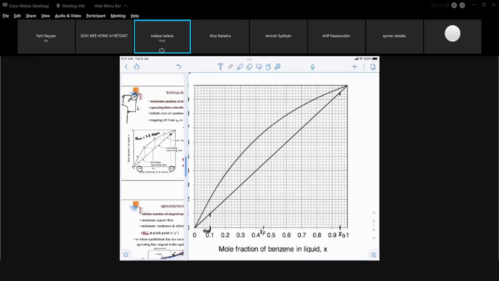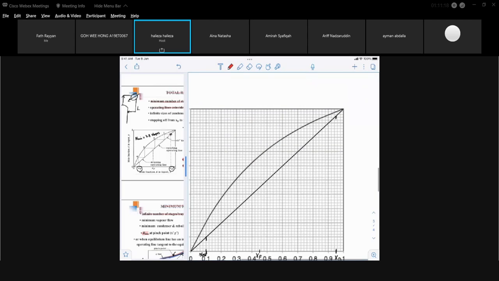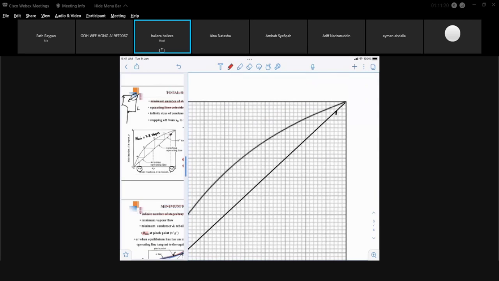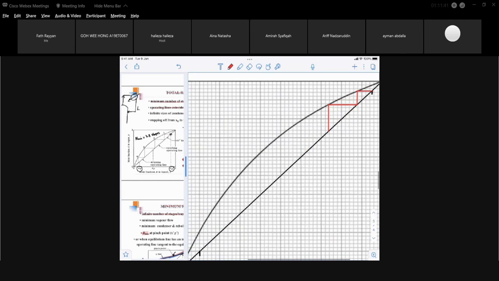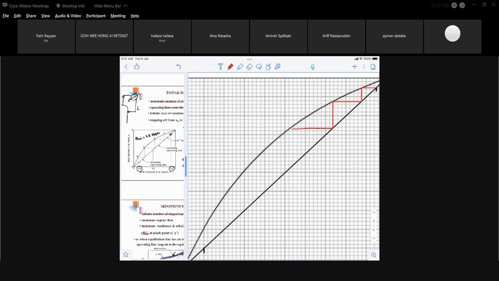So let's do it using a different color. I will do the stages. We'll continue to do the stages until you reach XW.